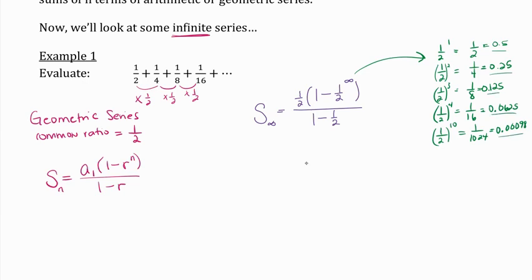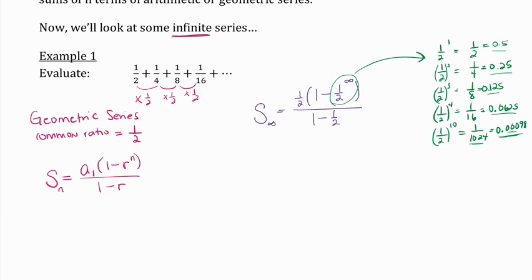So if you look at these numbers, they're getting smaller and smaller. And the bigger that this bottom number gets, the smaller that this decimal is going to get. And if I went to 1/2 to the 1,000,000th power, I'm going to have a whole lot of zeros after that decimal point. So as I do 1/2 to the 10th power, to the 100th, to the 1,000,000th power, as that gets bigger and bigger, this number, this 1/2 to the infinity, is going to get closer and closer to zero, right?